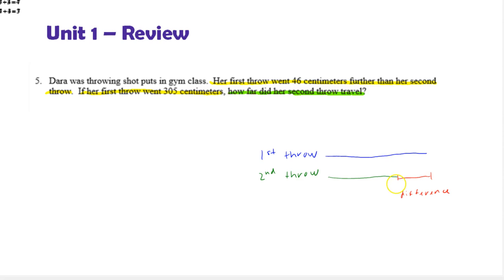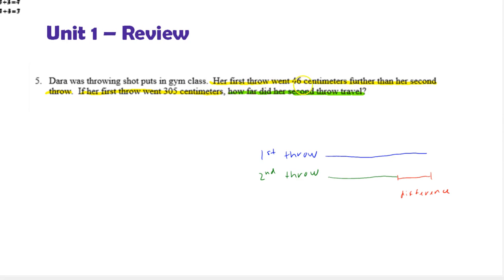So I have a diagram set up here. It said that her first throw went further than her second throw, so I made this line longer. And here's her second throw, and the difference between the first and the second equals the first. So these two combined equals this. So let's fill in the information we're given.